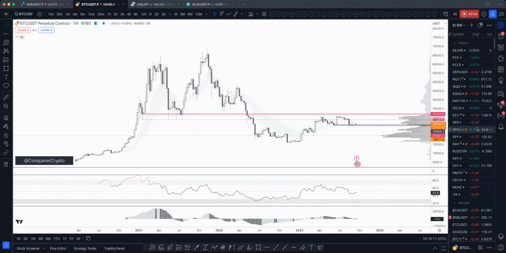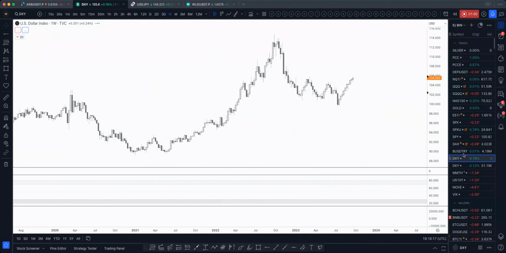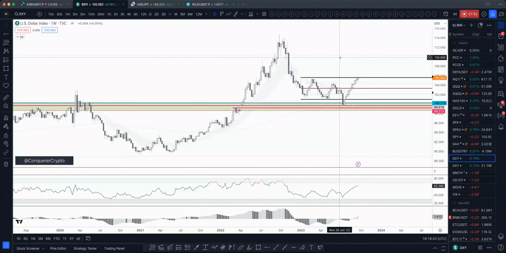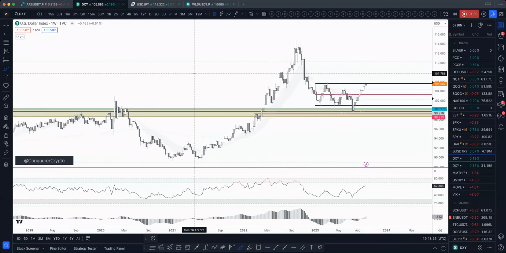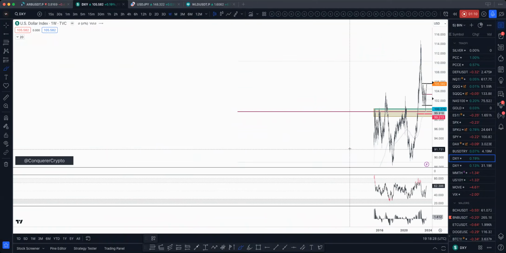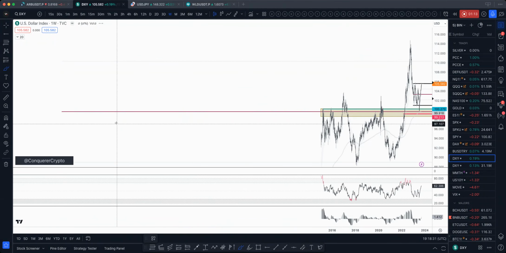All right. So first of all, I just want to check dollar here. If you look at this, basically what dollar does is it just tested this prior range highs, right?